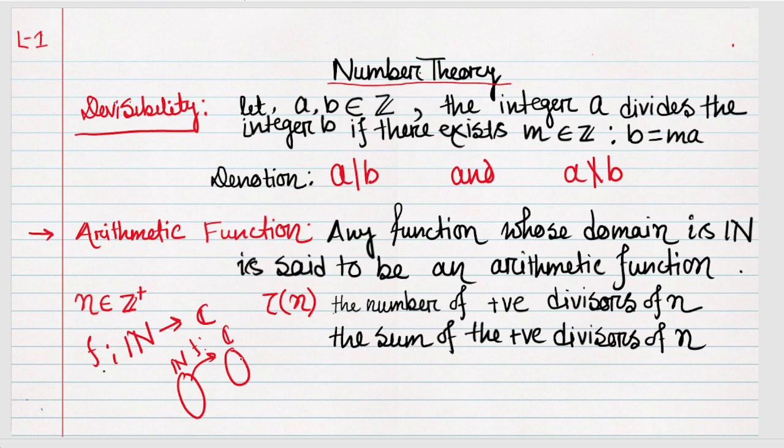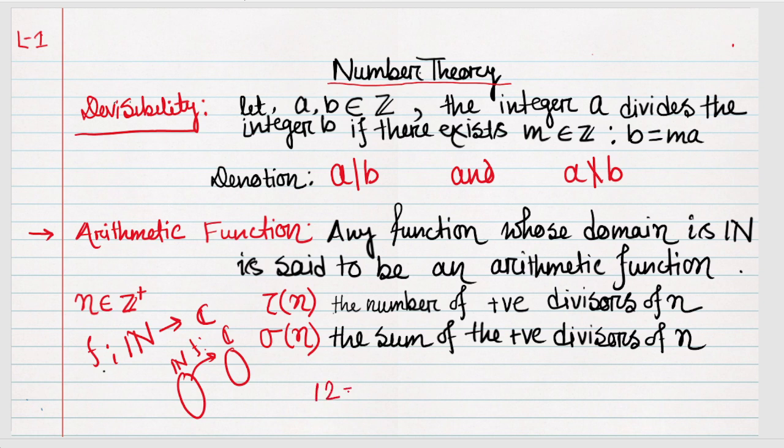And the sum of the positive divisors of n is known as sigma of n. Let us take an example, suppose 12.